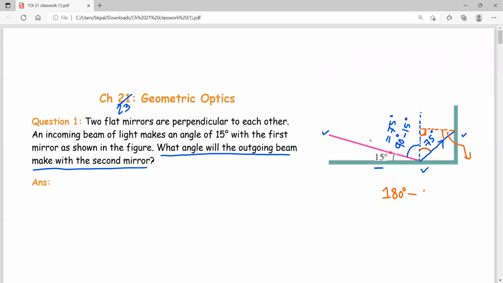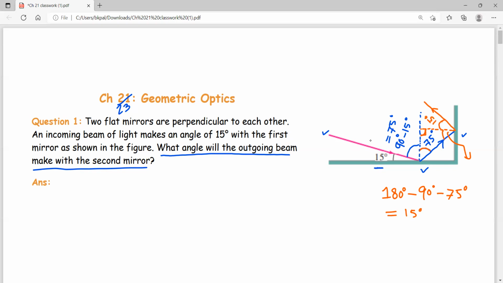We know one angle is 90-degree and another is 75-degree, so the incident angle here is 15-degree. Because the incident angle is 15-degree, the reflected ray should make an angle of 15-degree with the normal.